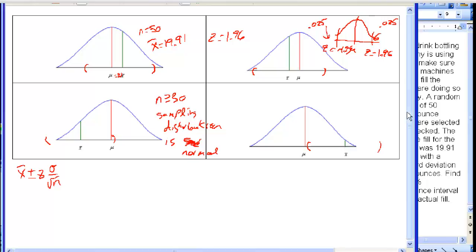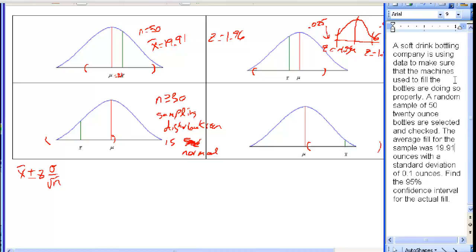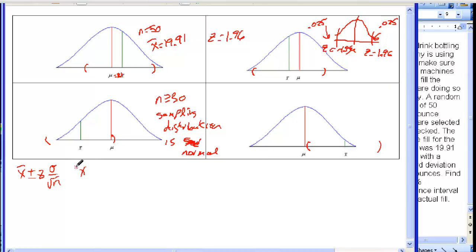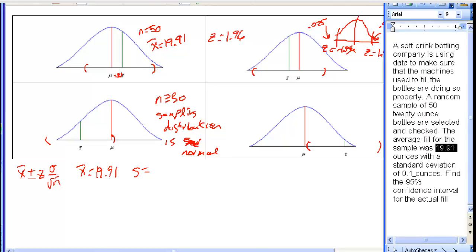If we were to go back to this problem and identify all the pieces, we'd find that the sample mean x bar is 19.91. The sample standard deviation was 0.1.